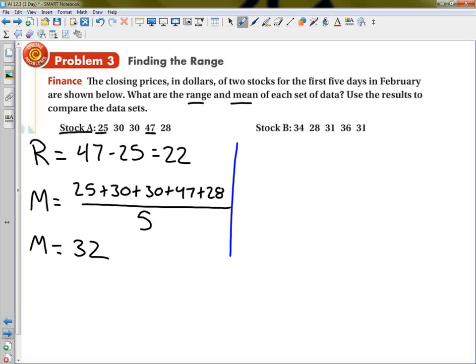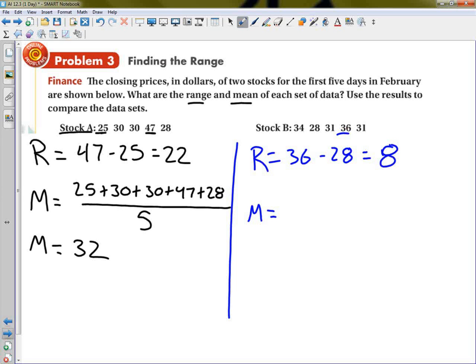Let's try that. Same thing with range and mean here. Range again is the largest minus the smallest, which my largest looks like 36. My smallest is 28, which gives me a range of only 8.